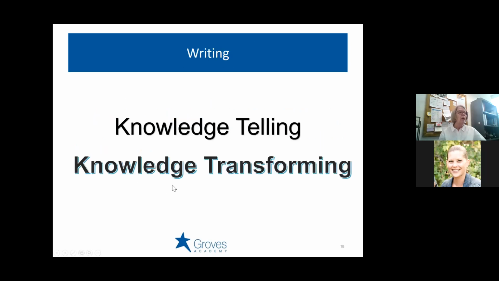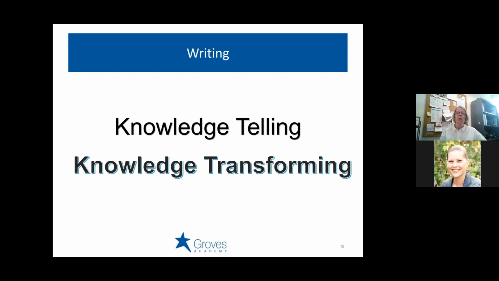But the thing about writing that makes it so important for learning is that you use it to explain or tell about your knowledge, but as you do it, you are making meaning and you are transforming that knowledge into something that is special or internal to you.